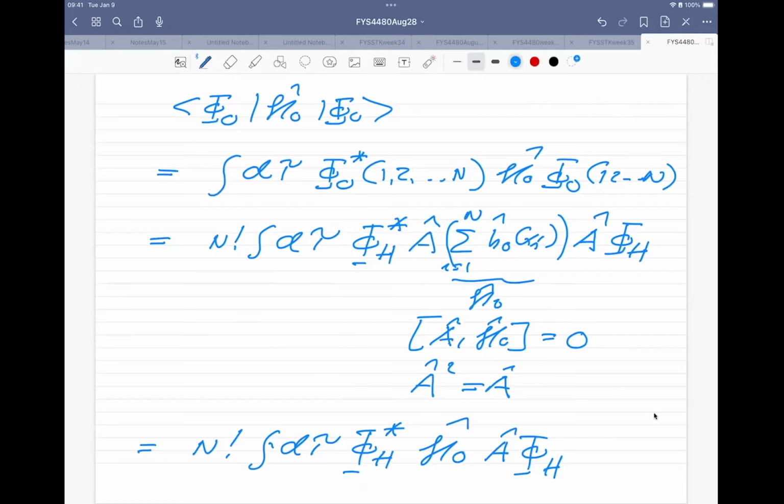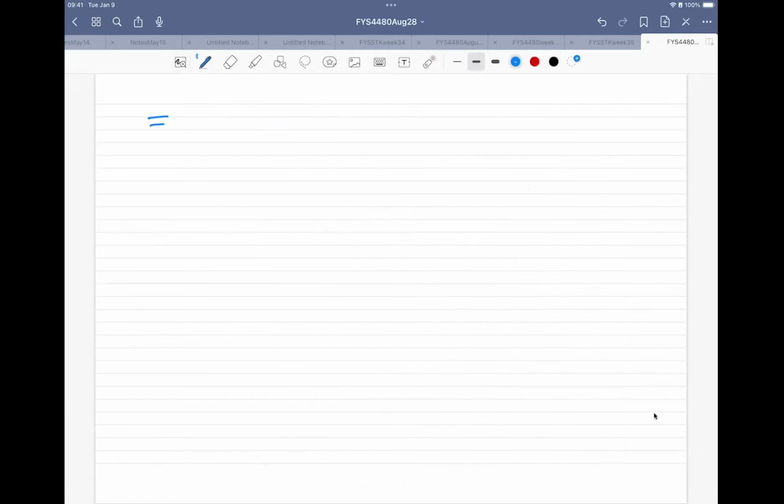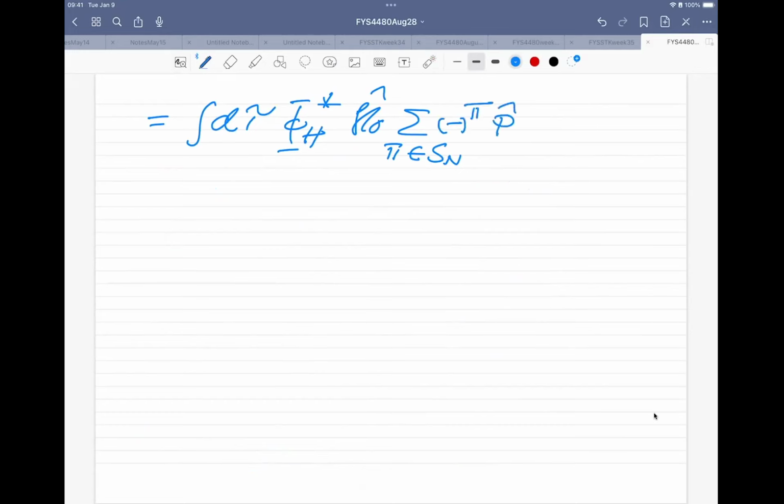So when I write it out now, this is going to be equal to the integral d tau phi of h, which is just a product of single particle wave functions. And then I have my sum over the single particle terms, but let's just write it out like h0 first. And now I have a sum over all the possible permutations which I can make. So S_n is just the group of all possible permutations I can make with this number of particles. And then I have pi, this permutation operator acting on phi h.